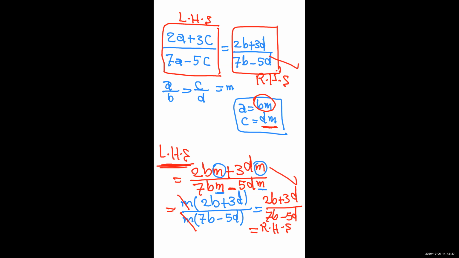Okay, very good. Then the next point, I'm going to solve one more example on the same point. Prove that, of course, A and B and C and D are proportional. Then prove that A plus C over B plus D equals A squared plus C squared over AB plus CD.